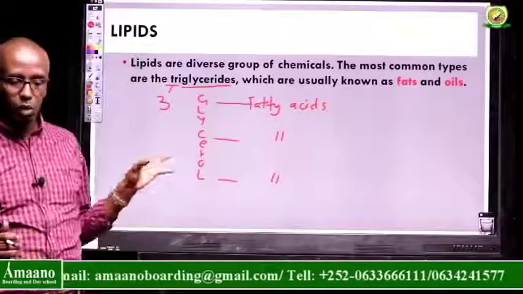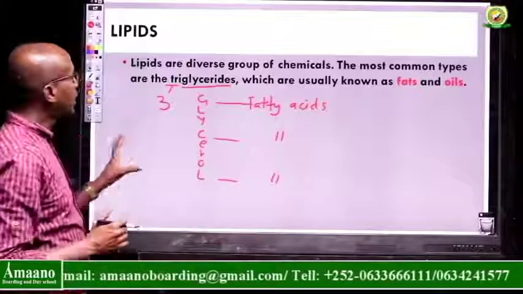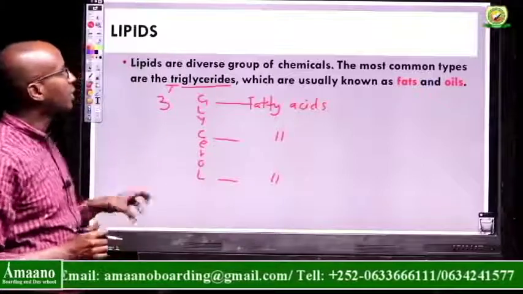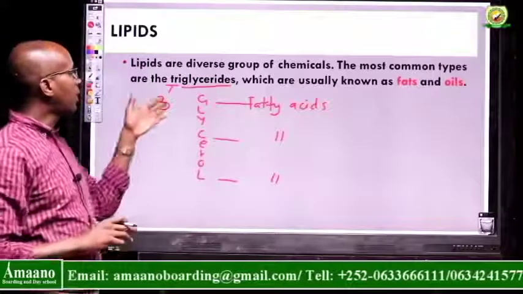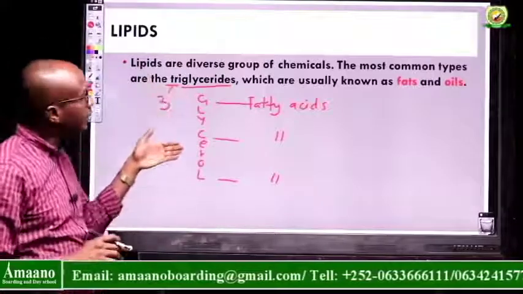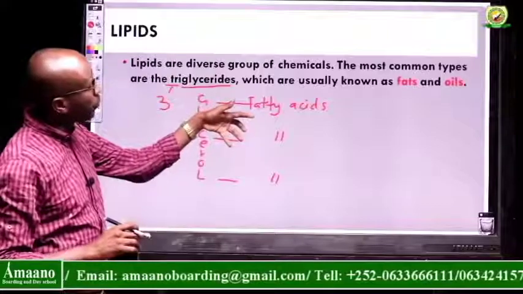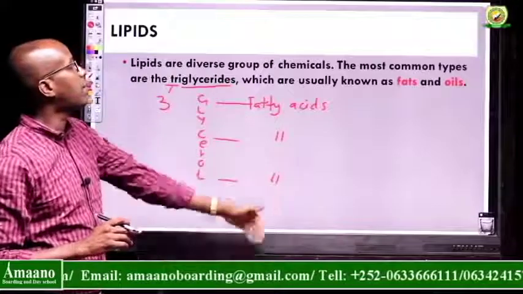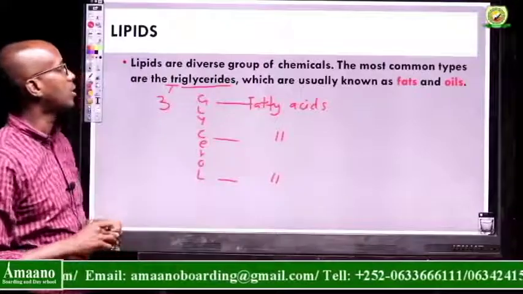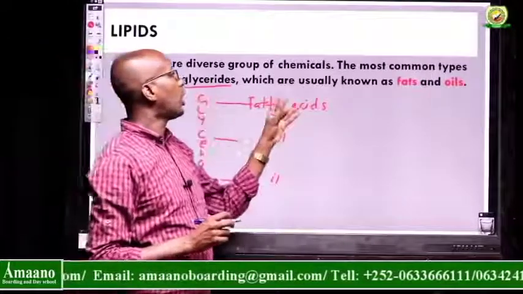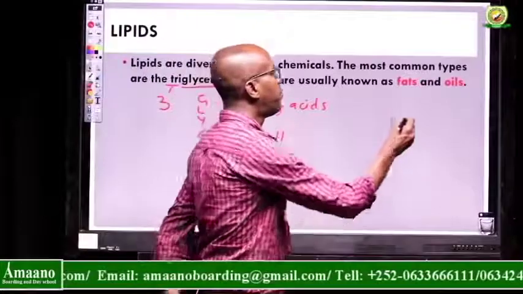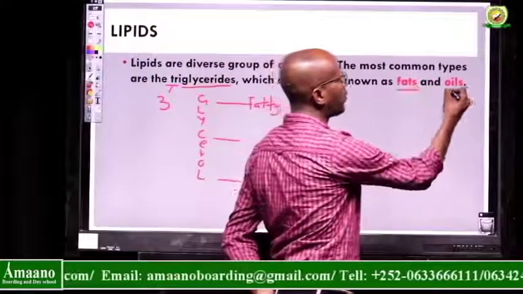This is why this type of lipid is called triglycerol lipid. It contains one molecule of glycerol combined with three fatty acids, molecules of fatty acids, which are usually known as fats and oils.